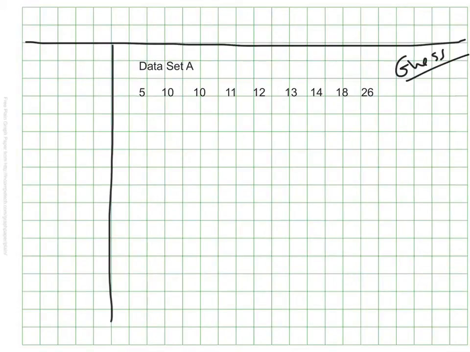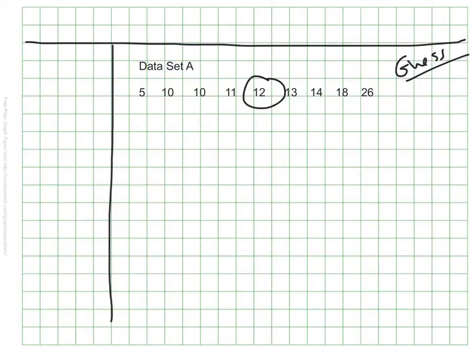If I look for my median, I'm looking for my middle number, go ahead and mark off your middle number. I see that in here we have an odd number of pieces of data, and so we have 1 middle number, and that happens to be 12. Once we have our median, we're going to look for our lower and upper quartiles.